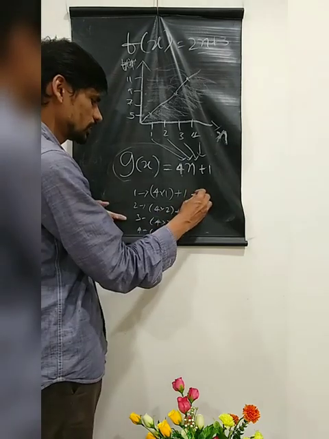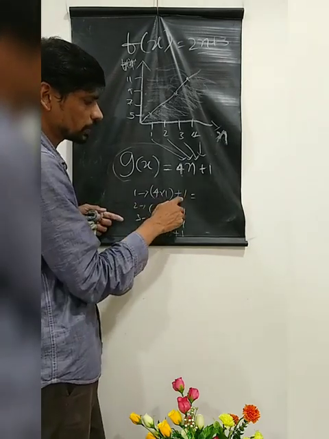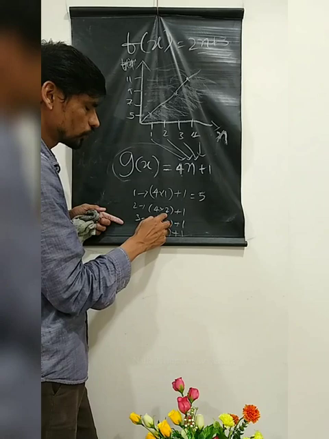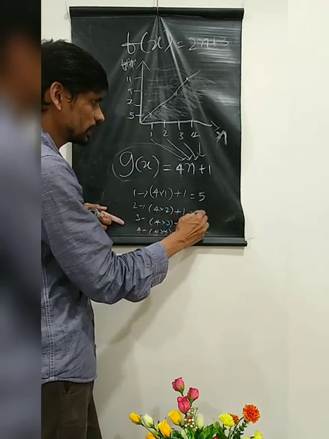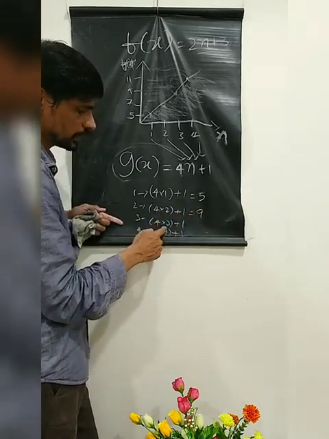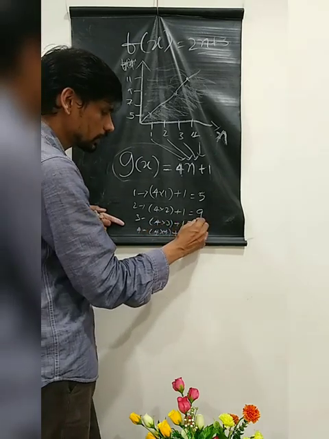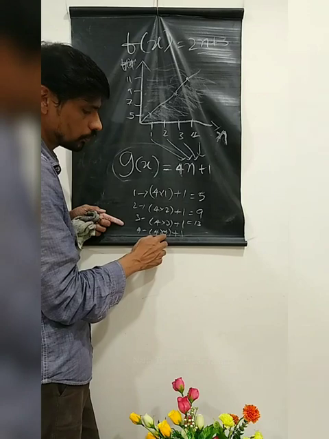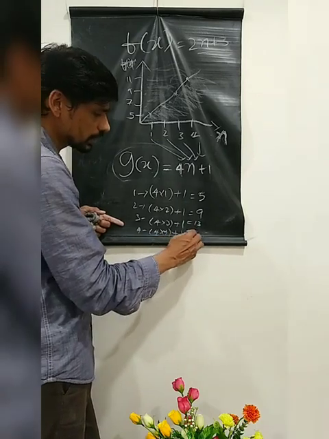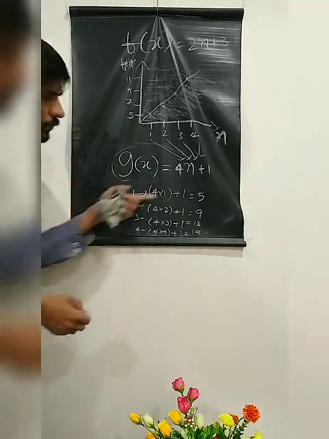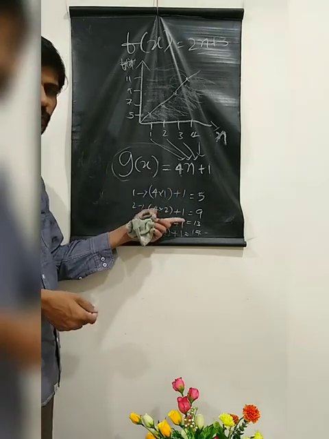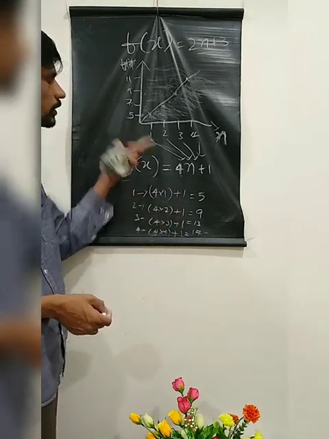What exactly is this producing? 4 plus 1, 5. 4 multiplied by 2, 8, plus 1, 9. 4 multiplied by 3, 12, plus 1, 13. 4 multiplied by 4, 16, plus 1, 17. If you observe these values, for 1 both are the same.